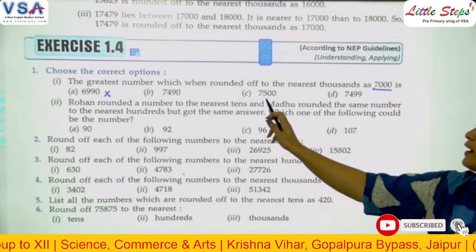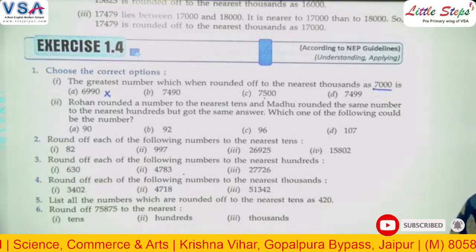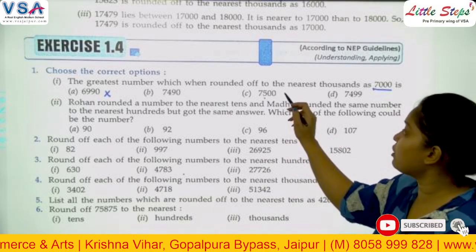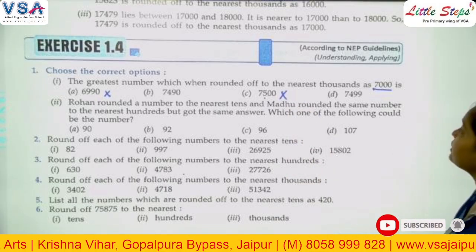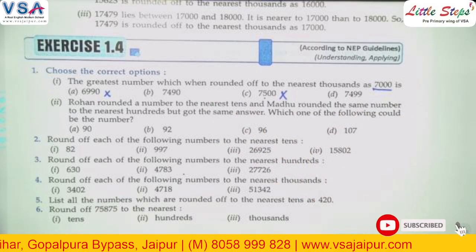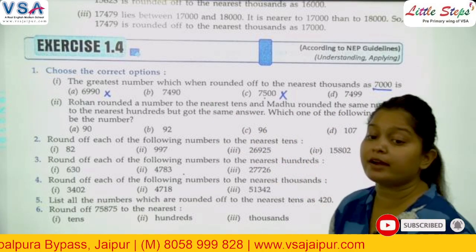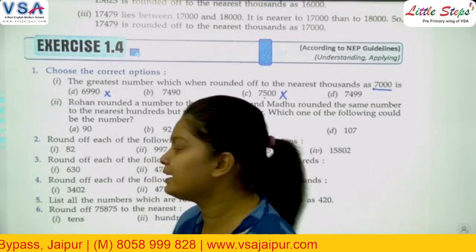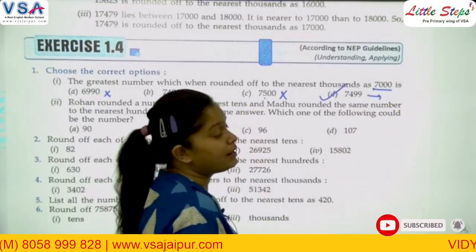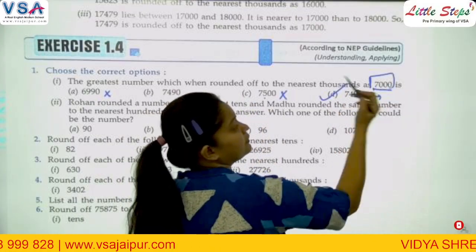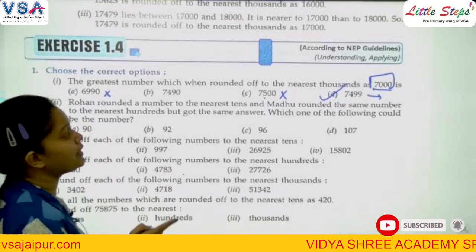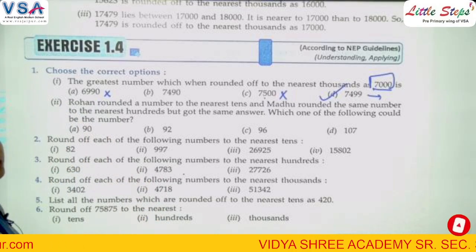No, because 5 is the greater number, so it will become larger. So this is also not the answer. Which is the greater one, 7,490 or 7,499? D. 7,499. We will round off the number and we will get 7,000. Just because we need to find the greatest number, that's why the answer is 7,499.